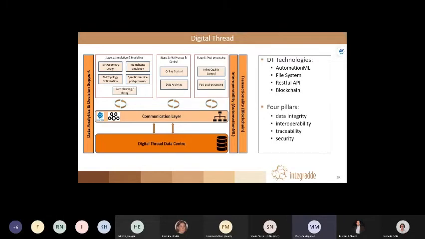So in order to achieve all that, we developed a digital platform which is based on a digital thread. Basically, the lower layer is where we gather all data related to the process steps. In order for the different machines and contributors to communicate with that layer, we have a communication layer. This communication layer is based on Industry 4.0 standards. One of them is Automation ML.